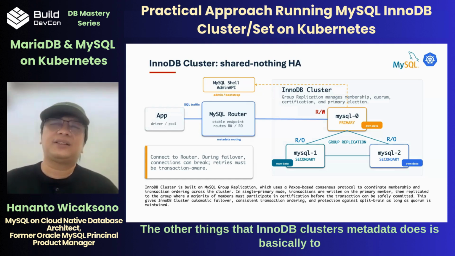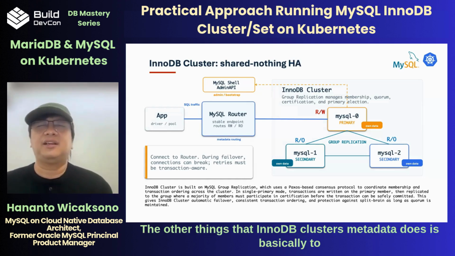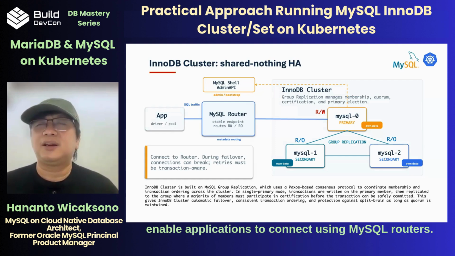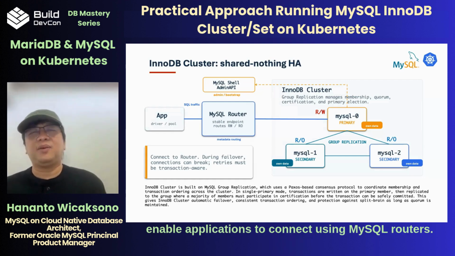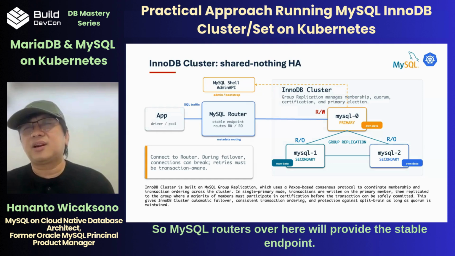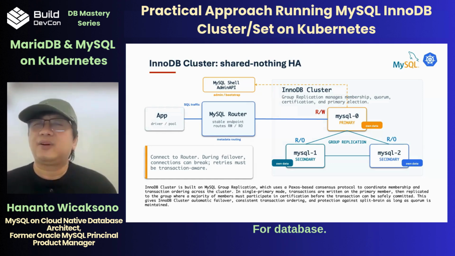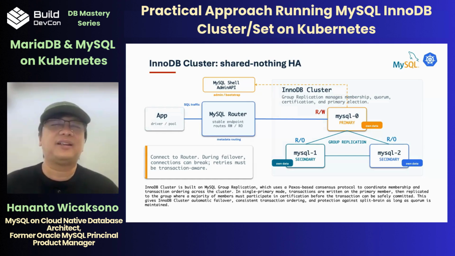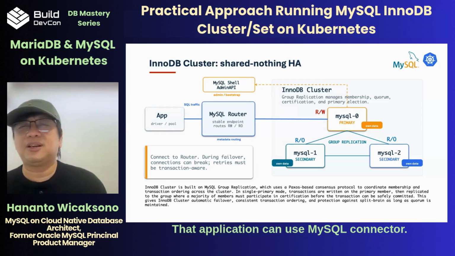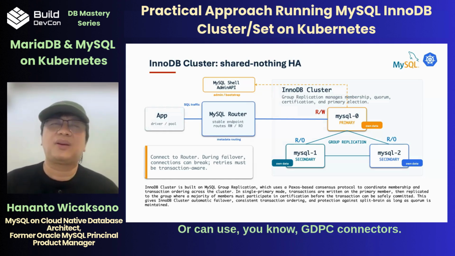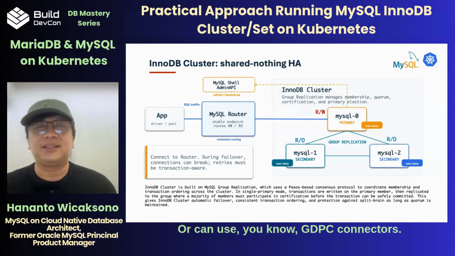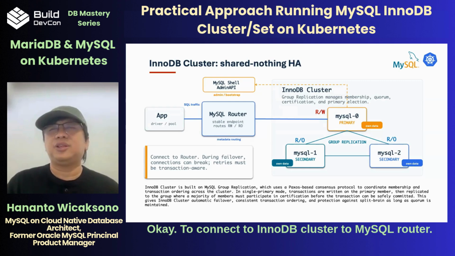The other thing that InnoDB cluster metadata does is enable applications to connect using MySQL Router. MySQL Router provides a stable endpoint for the database that the application can reach using a MySQL connector or JDBC connector to connect to the InnoDB cluster.